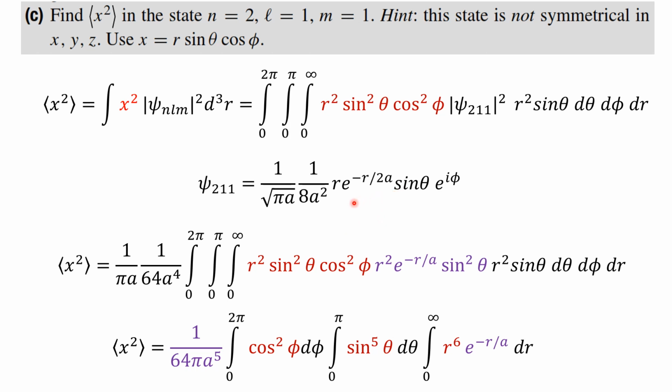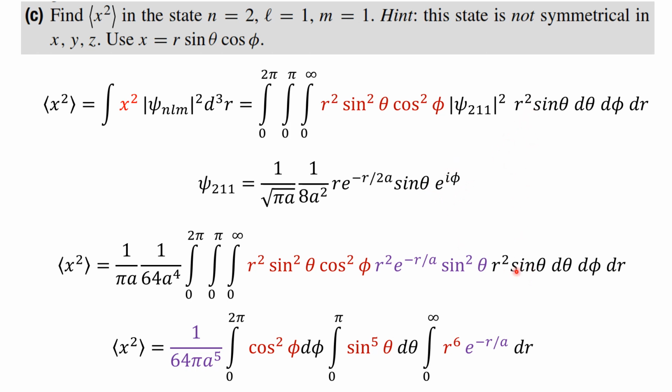Then you square this. r will become r squared, and e power minus r over 2a will become, 2 will get cancelled, e power minus r over a, and this sine theta will become sine squared theta. Except this exponential, remember that modulus squared, then the complex conjugate of this one is e power minus i phi. So if you multiply both, you will get 1. So you can ignore this exponential term.